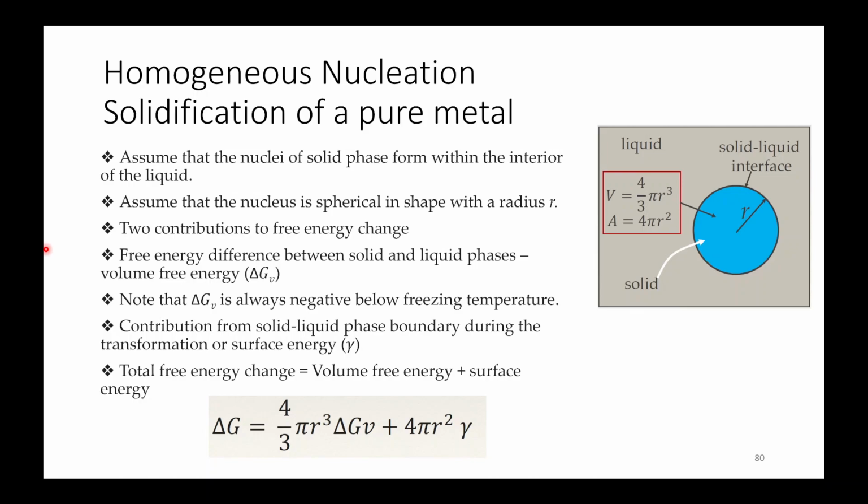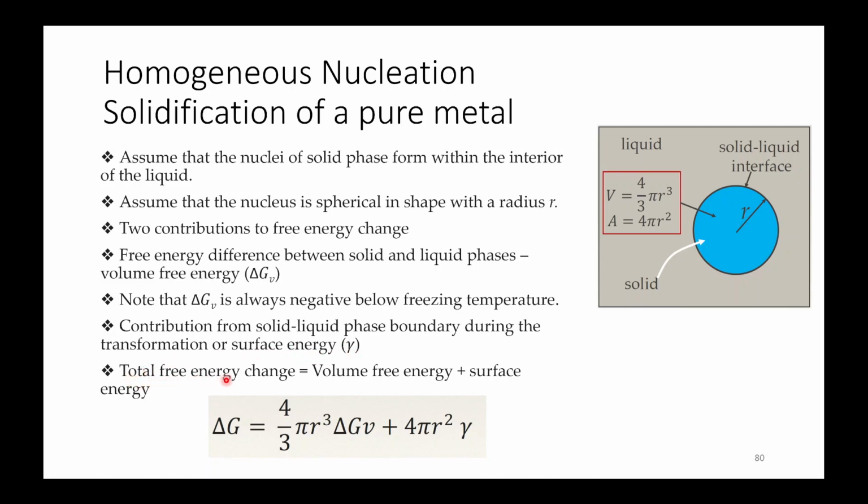First is the free energy difference between solid and liquid phase, which is the volume free energy delta GV. Here we note that delta GV is always negative below freezing temperature, and the second is the contribution from the solid liquid phase boundary during the transformation, or surface energy gamma.